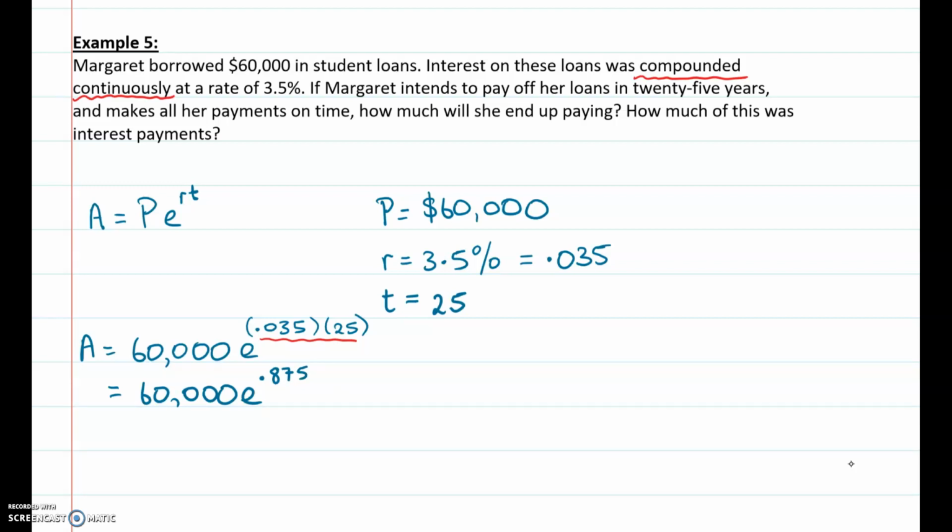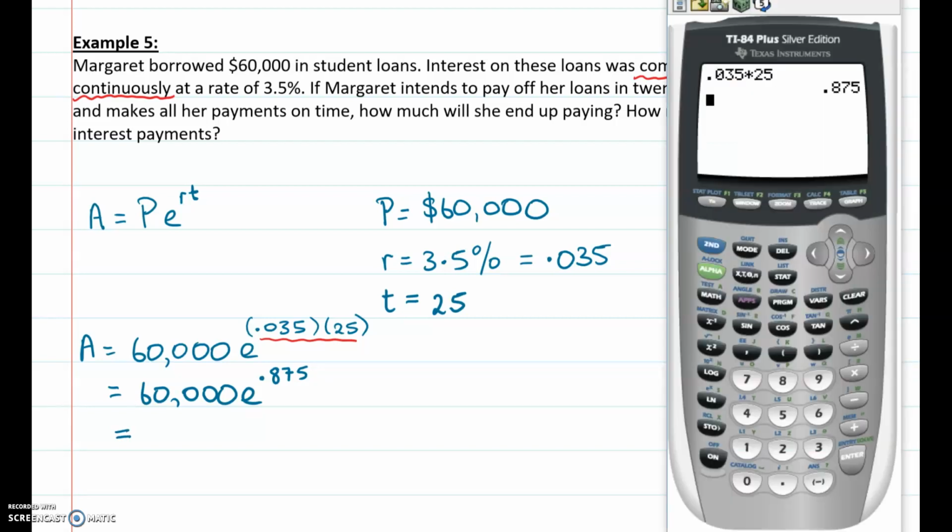And now we're just going to type this into our calculator as it is. Nothing new here. Bring up the calculator again, clear what's on the screen, and then it's going to be 60,000 times e. To get e to the power, you hit the LN button, and it's 0.875 that will go inside parentheses here. Hit enter.